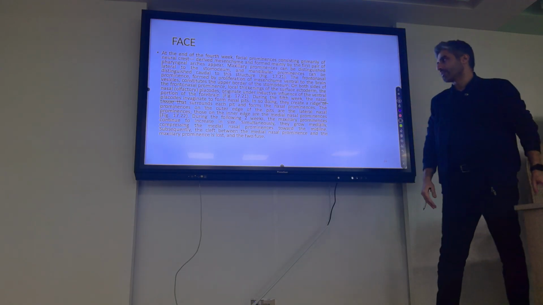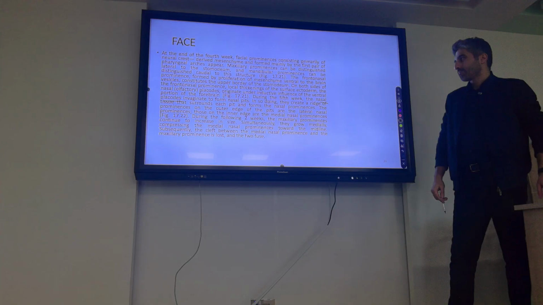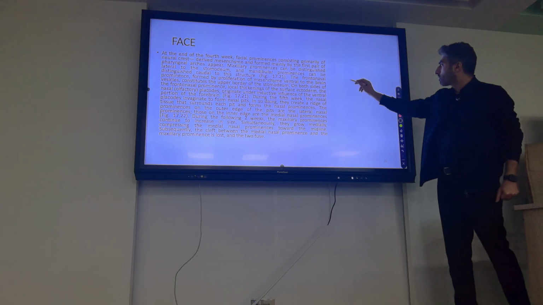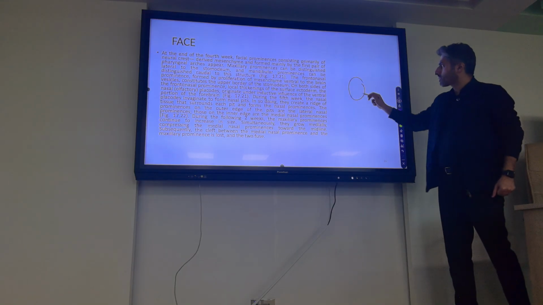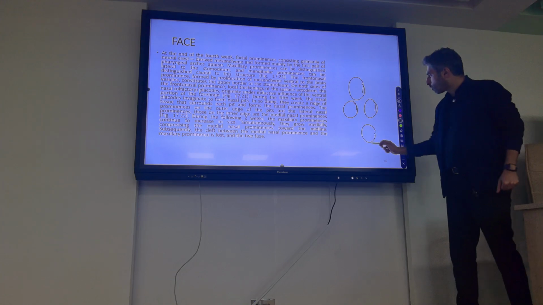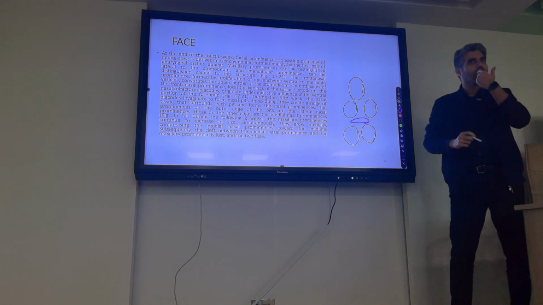So what happens after 2 weeks? Look at here. When frontonasal, we have this shape: 1 frontonasal prominence, 2 maxillary prominence, and 2 mandibular prominence. And the stomodeum is here. The mouth is here.